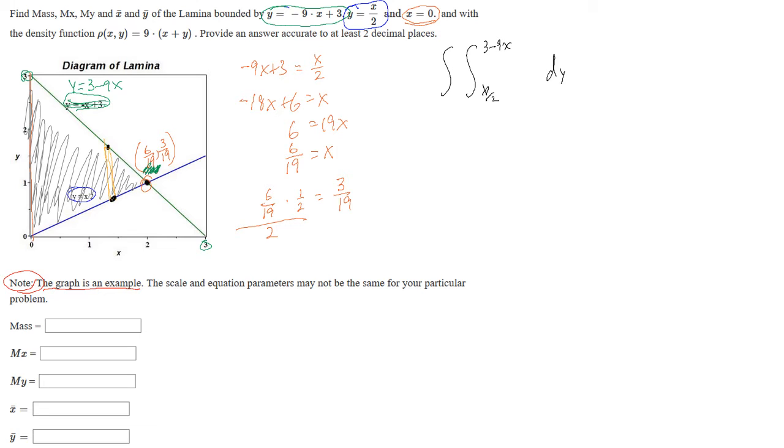And then the x's are going to go from 0 to 6/19. And the integrand is the density function.